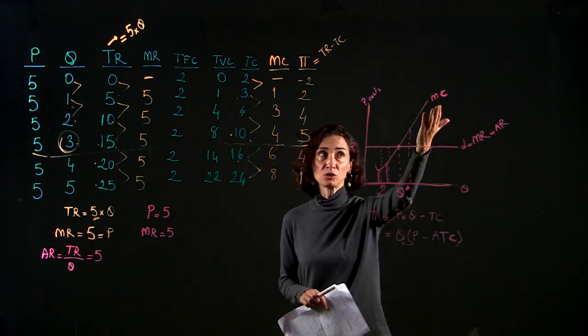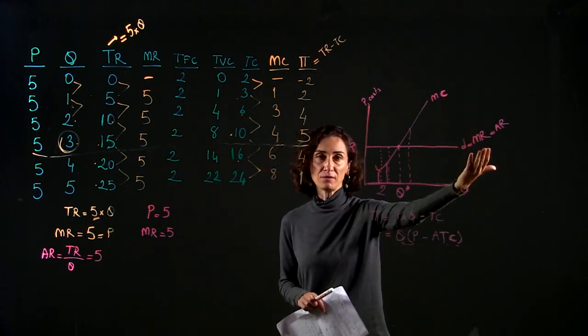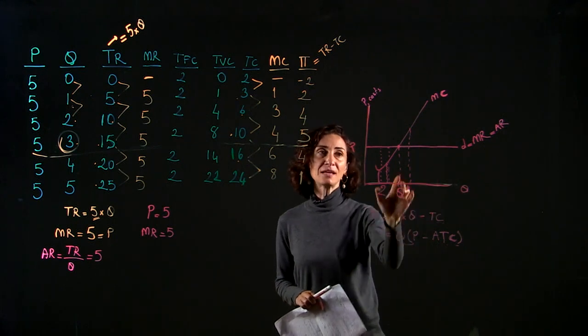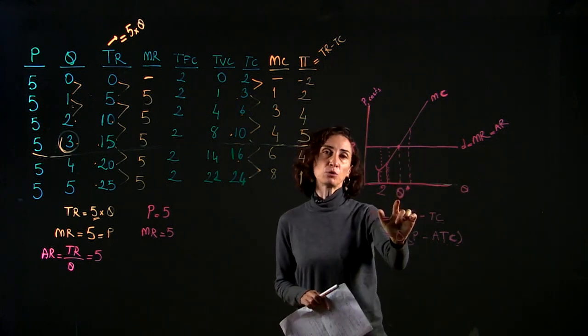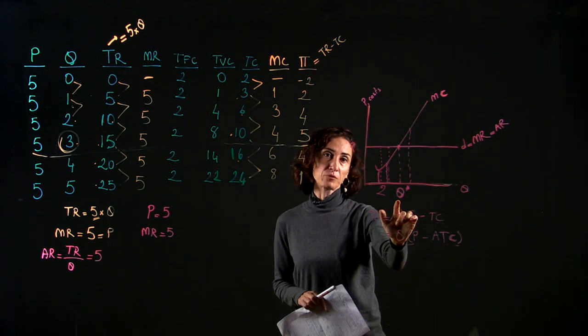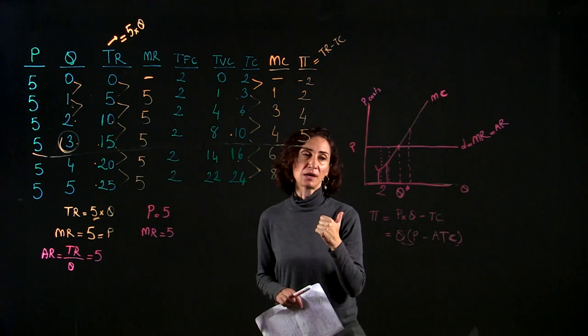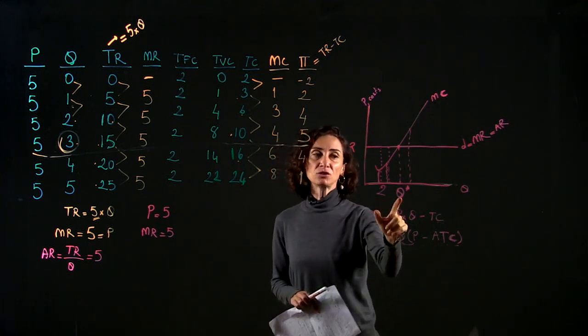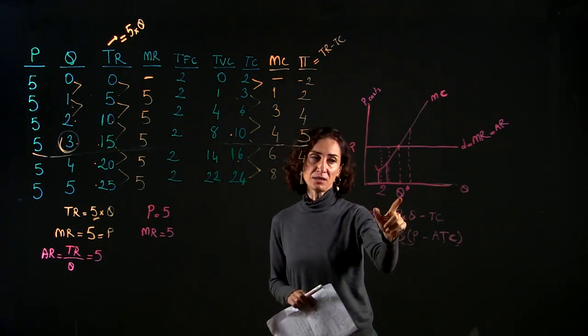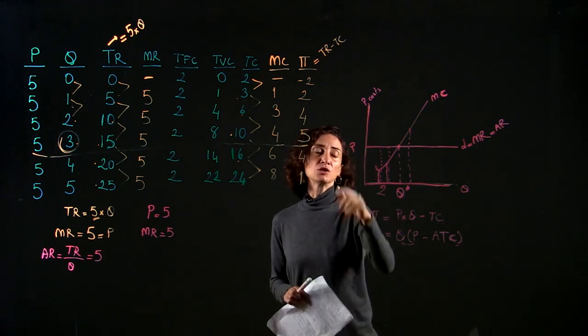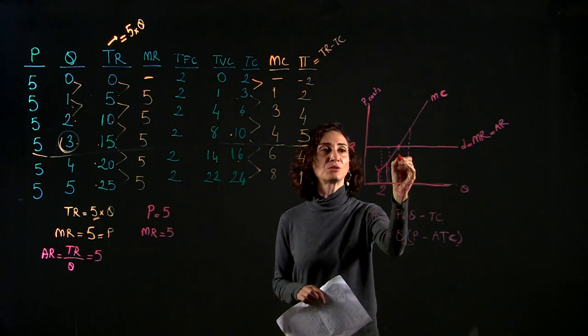But if you have marginal cost curve and if you have marginal revenue curve, you find their intersection point to find profit maximizing quantity, okay? And then at that quantity, you ask yourself this: what is average total cost at that quantity? What is price at that quantity? Price is given.